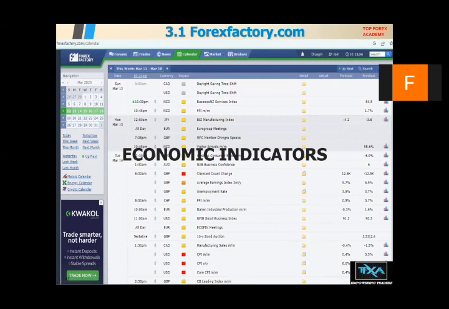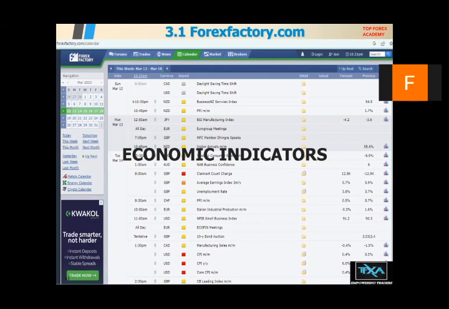These indices track inflation rates. Moderate inflation is good, but high inflation devalues a currency as purchasing power declines. Central banks respond to inflation with interest rate changes, directly impacting forex prices.